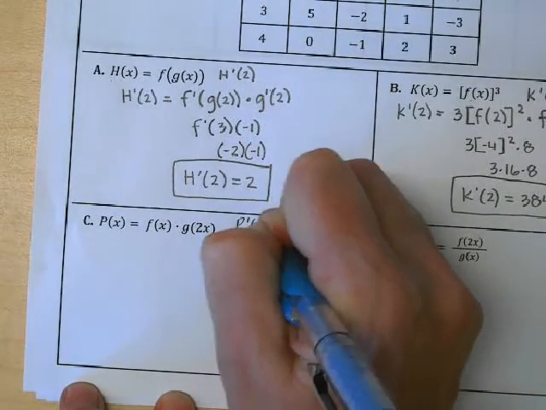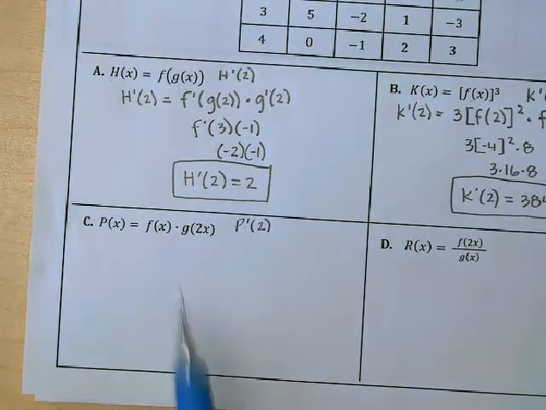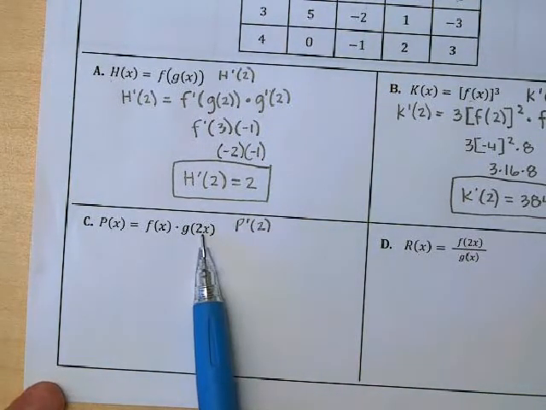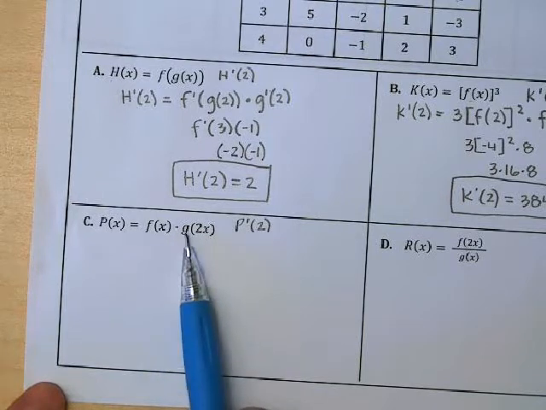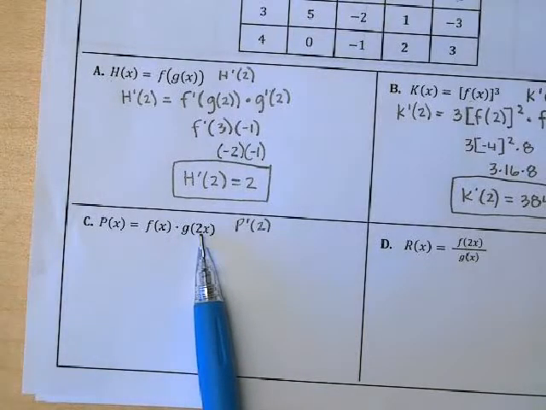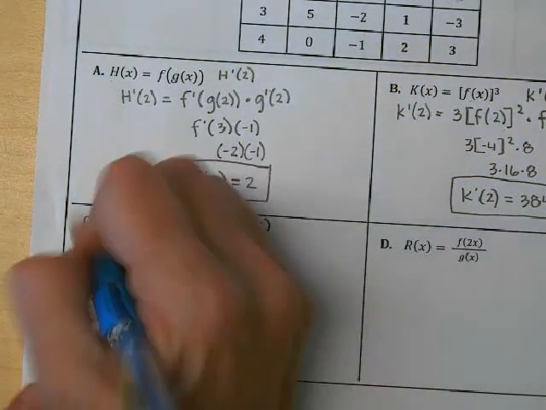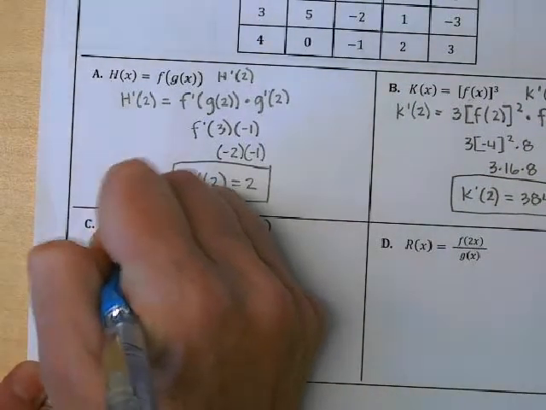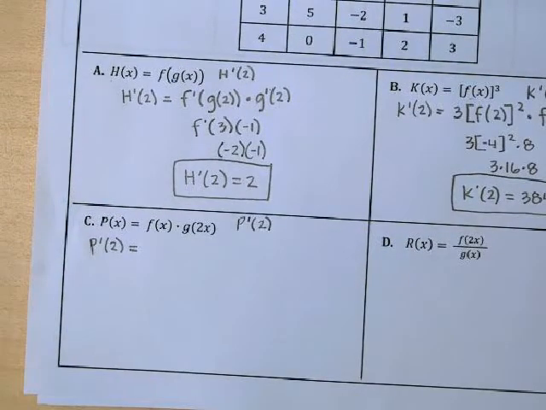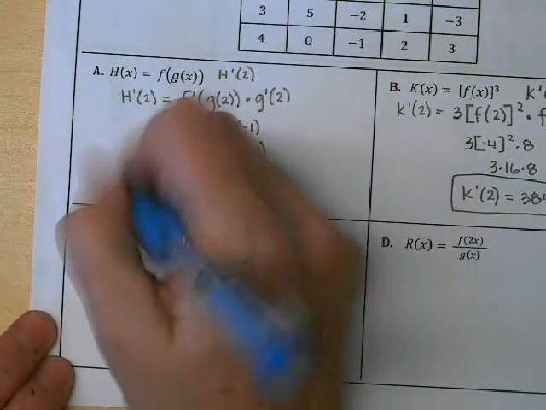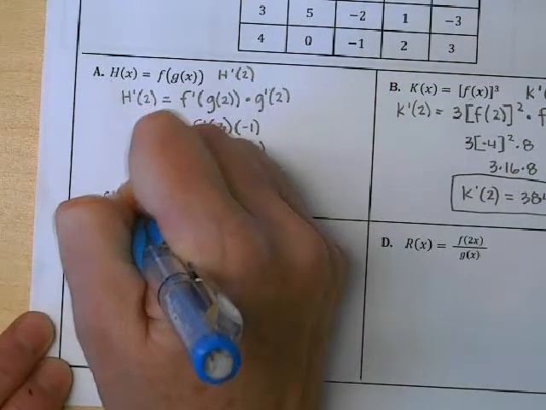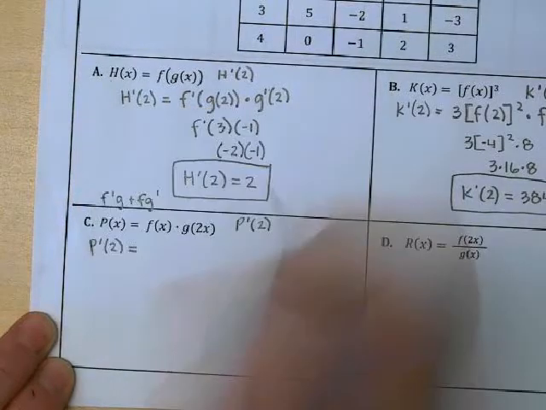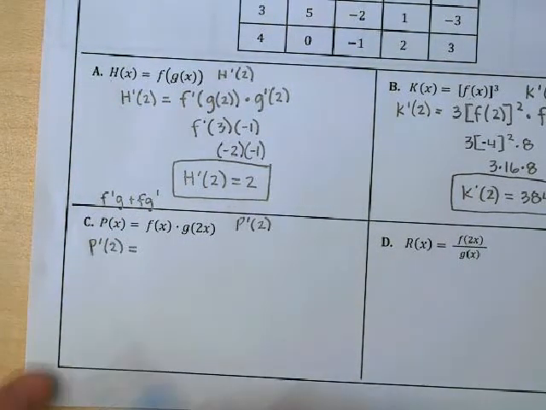Okay, so let's look here. We're finding p prime of 2. And I can see that I'm going to have the product rule here because I have 2 functions, and this function has a little baby inside. So I'm going to have to use the chain rule as well. So p prime of 2 is going to equal, let's go f prime g plus f g prime. That's the product rule.